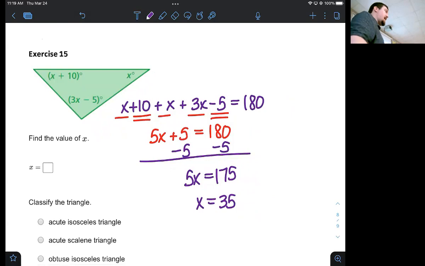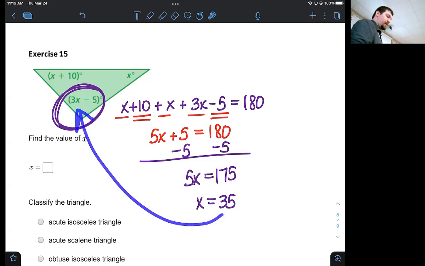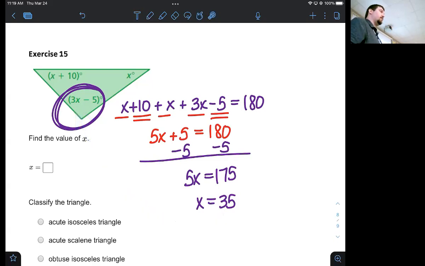So when it comes to classifying, I need to know if any of these angles are going to be 90 or more. So what I'm going to do is plug in 35 to this angle. This is the one I'm worried about. I know that that's 35 and I know that that's 45 just by adding 10 to it. But I need to know what happens when you take 35 and times it by 3 and take 5 away.